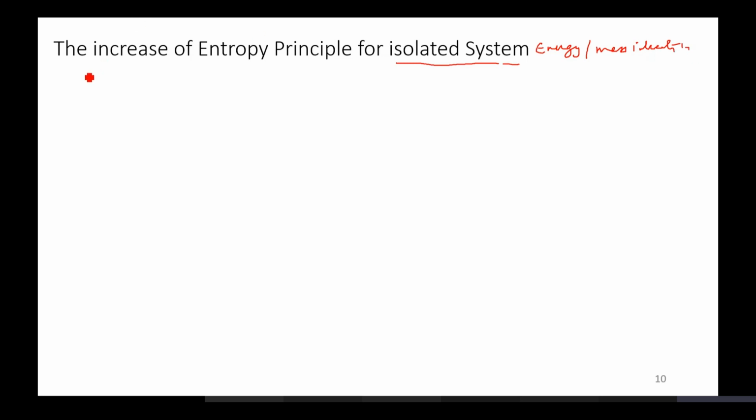I'll write down the change in entropy expression, which is the integral from 1 to 2 of del Q upon T for an internally reversible process, plus entropy generation. Is this expression clear to you?